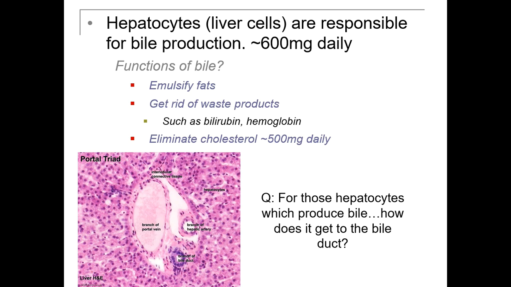So that's something else that our liver has a tremendous ability to do, which is to eliminate the cholesterol through the bile. And that coincides with, right, triglycerides or fatty acids, which cannot leave the liver.